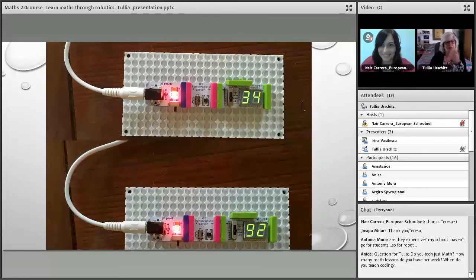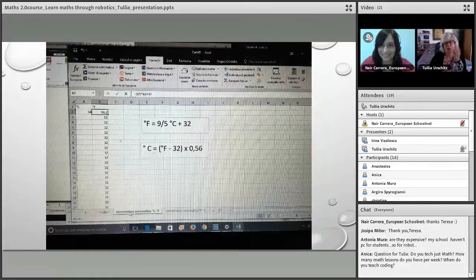In this case, something very easy to do, but very powerful. We were speaking about temperature, and it was quite hot last summer, 34 degrees Celsius, and in the inner part, the same in Fahrenheit. So the conversion could be made with an Excel sheet, but that is just for older students.